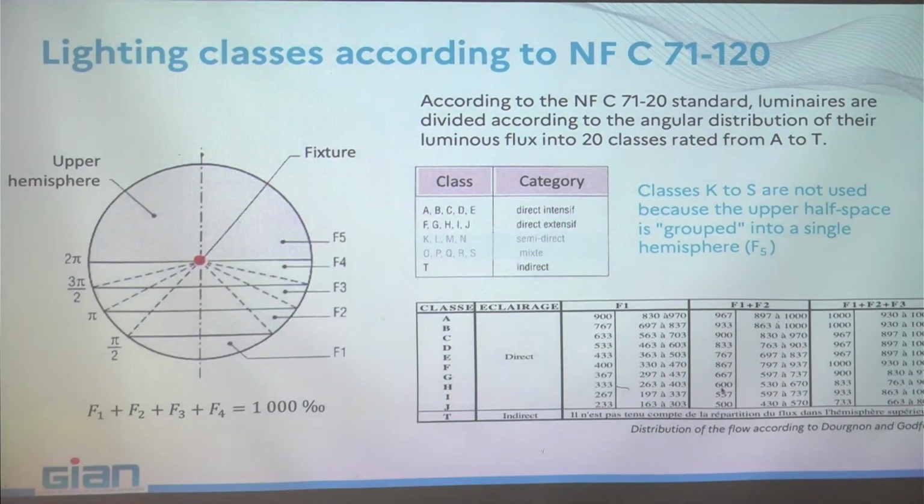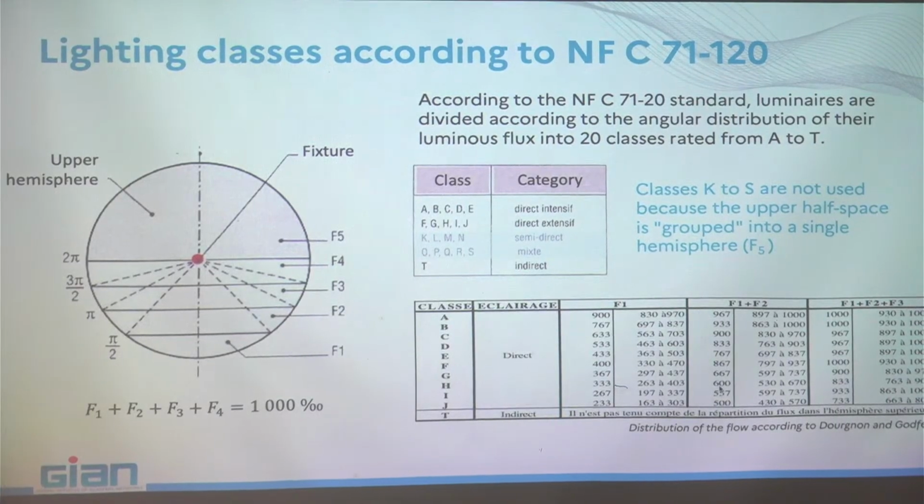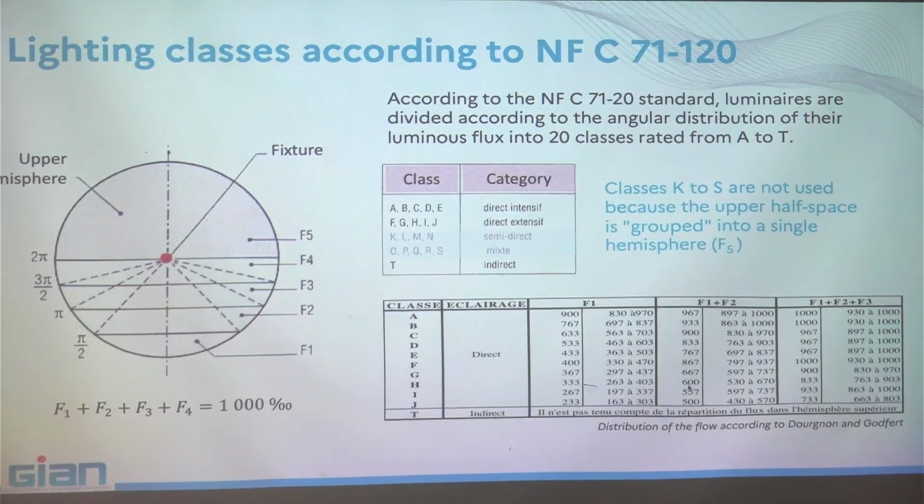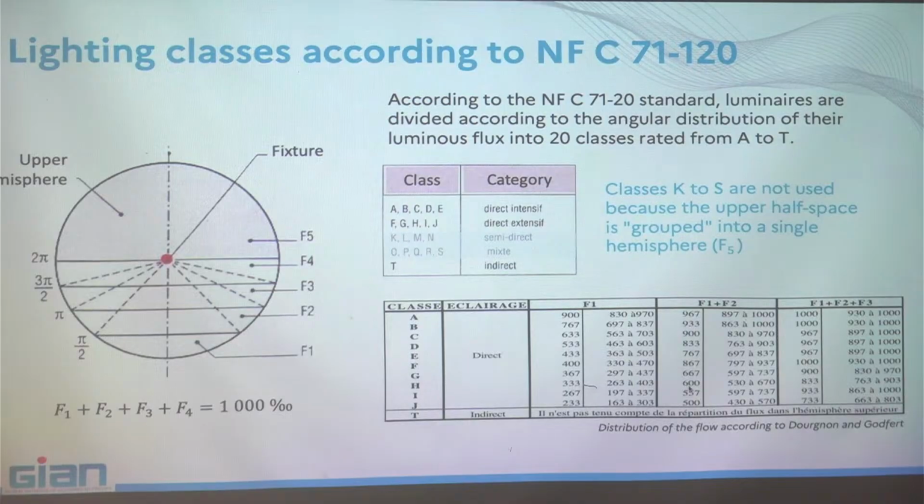And well, I will go fast here because we don't speak about the sizing of the installation yet, and this is important for the sizing. In fact, in the beginning, two French guys, Godfrey, proposed a way to describe a fixture without using the photometric curve.